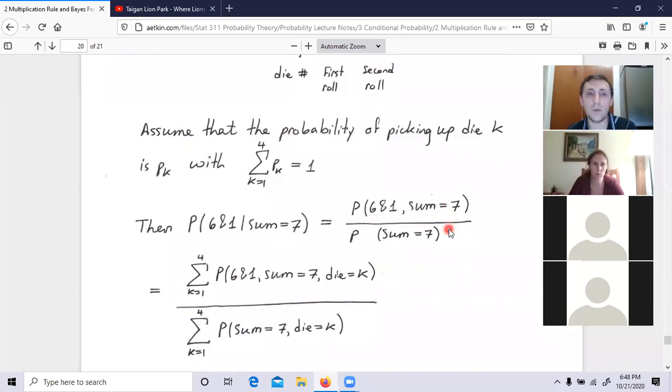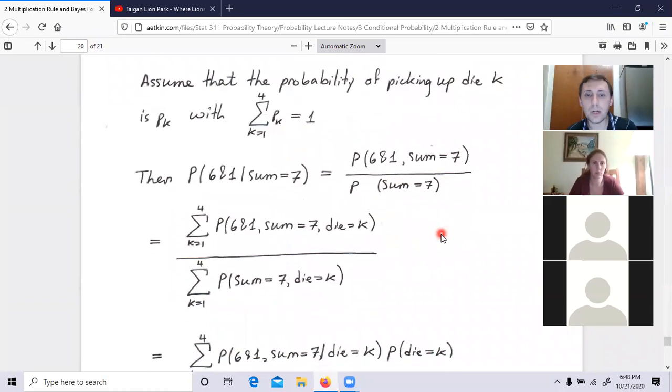So then what's the situation? I didn't use symbols, and that's actually somewhat a mistake, because I was rushing. So the probability of (6,1) given that the sum is 7 is the probability of (6,1) and sum is 7, divided by the probability that the sum is 7.